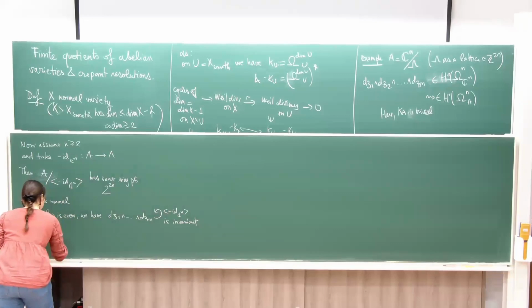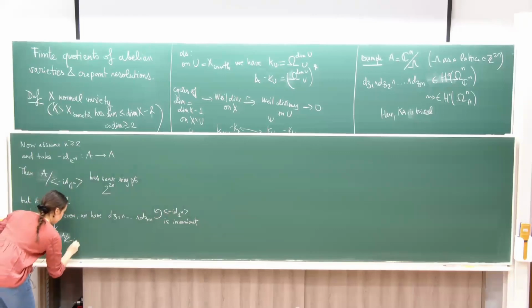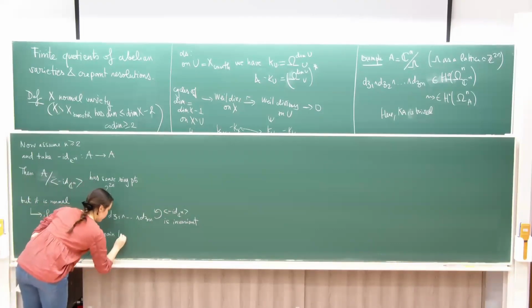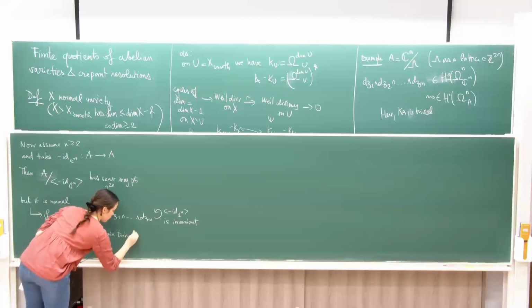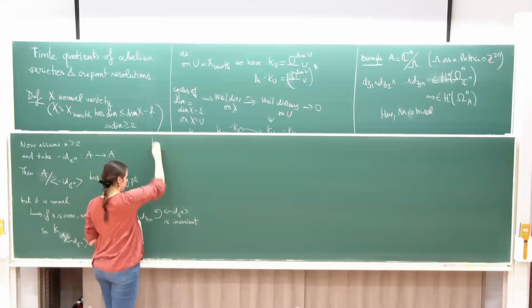So the canonical class of this A mod minus identity of C^n, this quotient that's now singular, is again trivial, just because we have this one form that trivializes it. So this is the kind of K-trivial things that we care about, and we have this volume form.